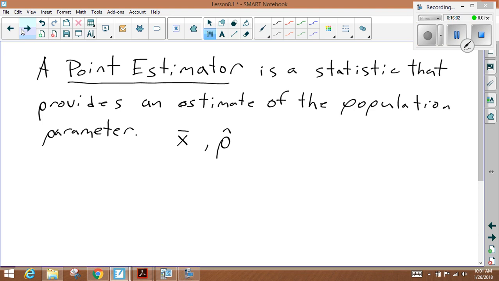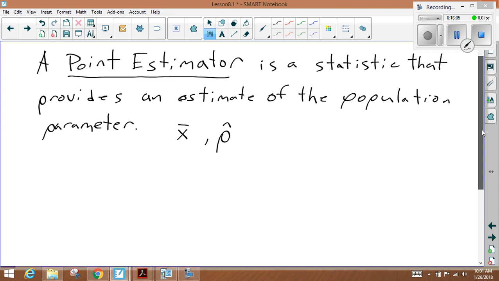All right, so what is a confidence interval?